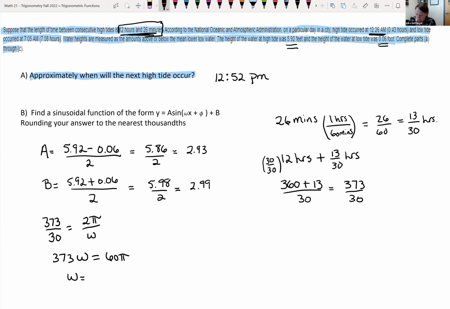So omega here is 60 pi divided by 373. It's going to want us to round to the thousandths, so if you put that into the calculator, we get that this is approximately 0.505.